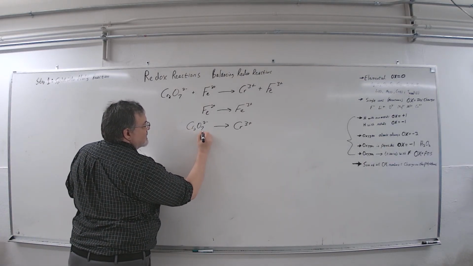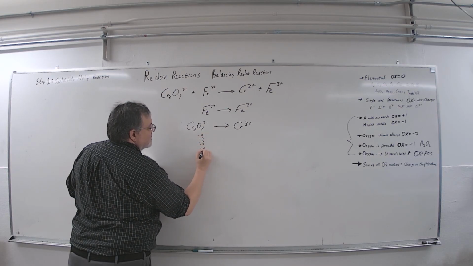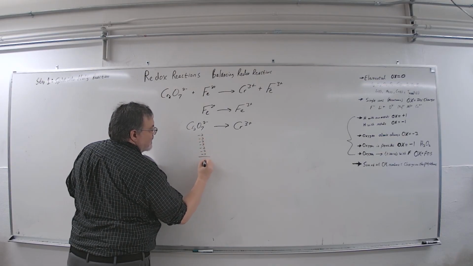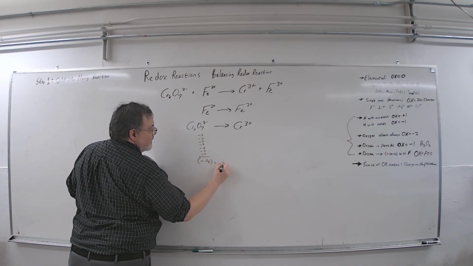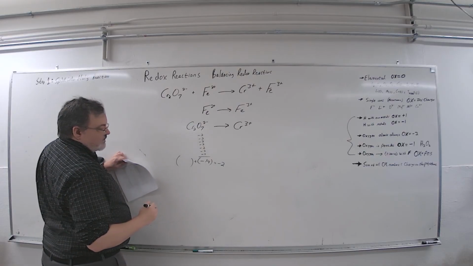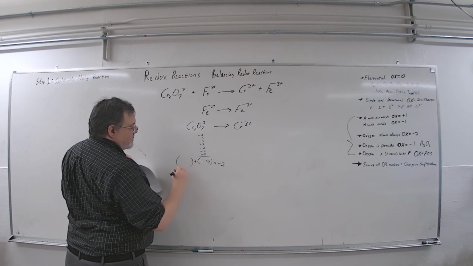Let's see what Cr2O7 does. There's 7 oxygens, each minus 2, so that's minus 14. I got a 2 negative overall, so the Cr's total plus 12.